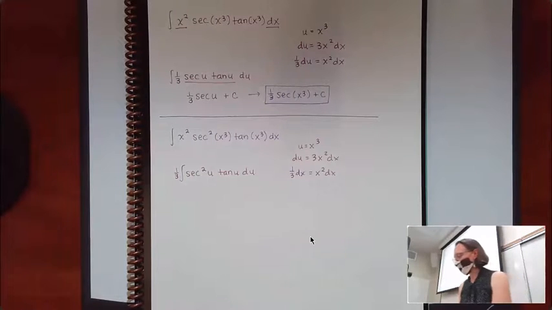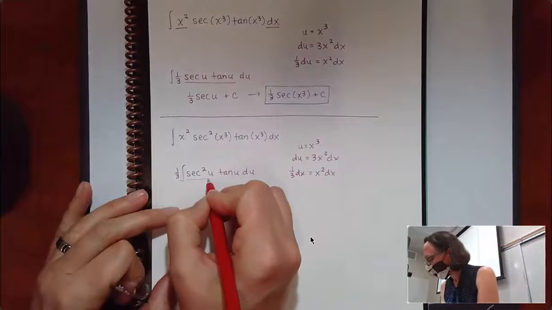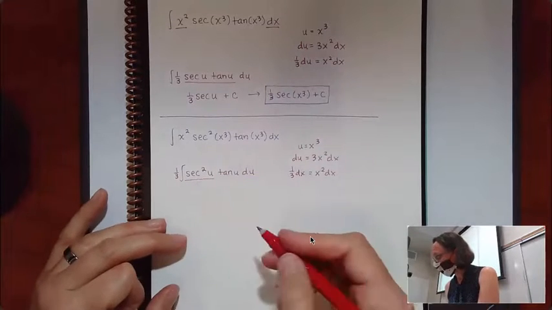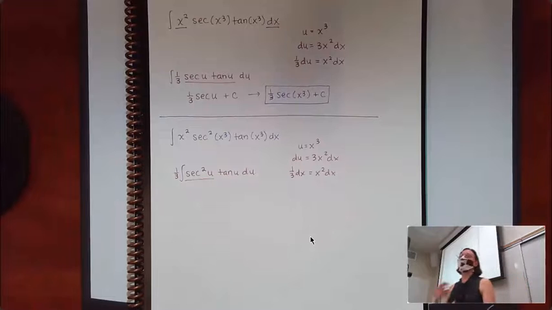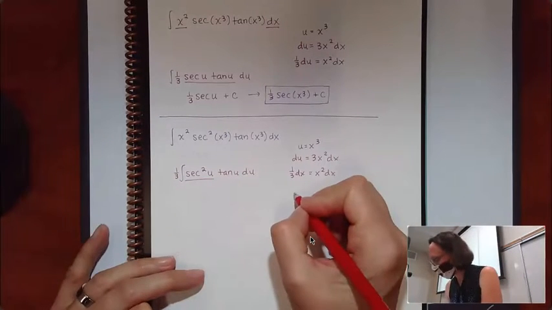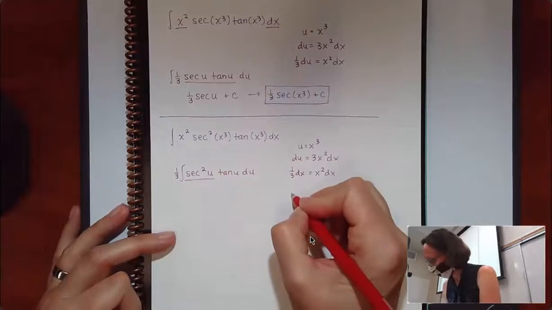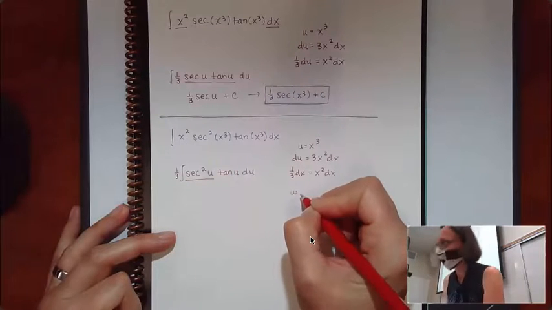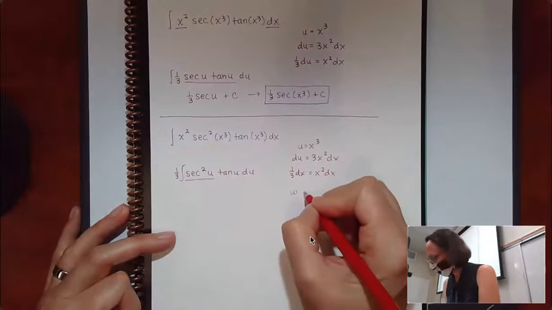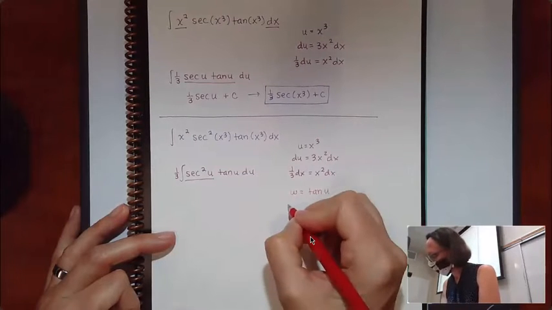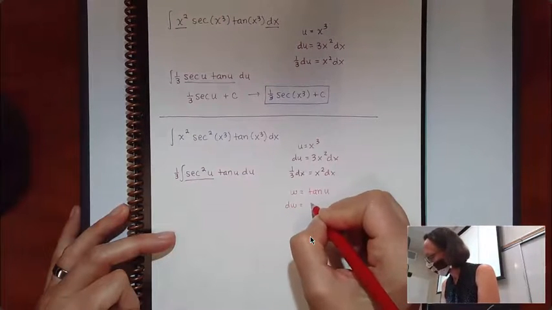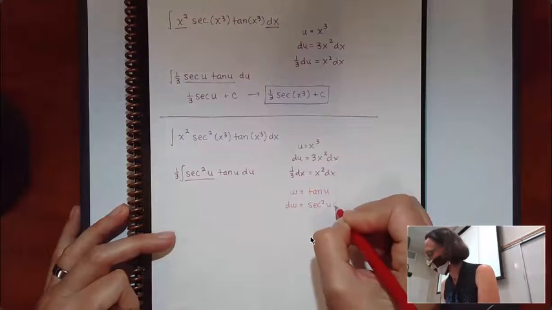Secant squared is somebody's derivative. So yeah, secant squared is the derivative of tangent, which means we could kind of do a second u substitution. And sometimes when we do the second u substitution, we call it w, because it's a double u substitution. So I would call w tangent of u, and then dw would be that secant squared u du.